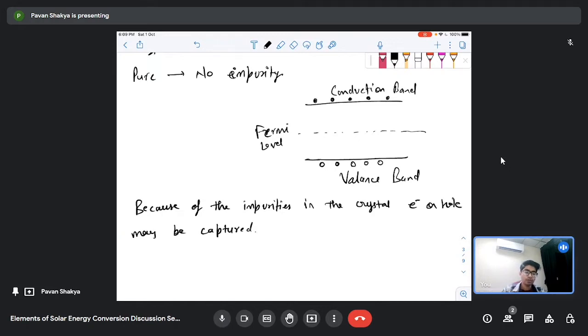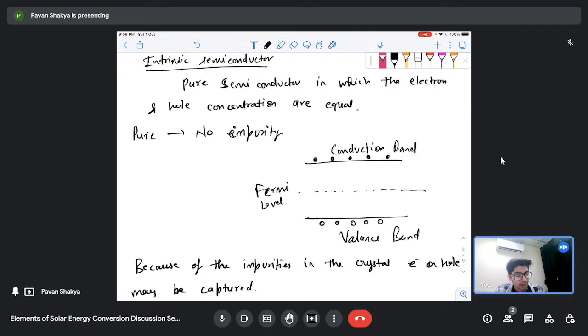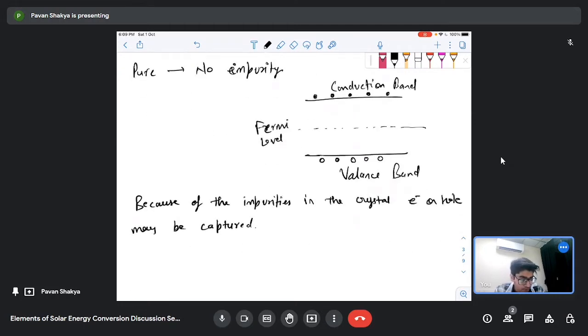In the intrinsic semiconductor, the number of electrons, which we represent by n, will be equal to the number of holes, p, and we can write it is equal to ni, the intrinsic concentration of electrons and holes.